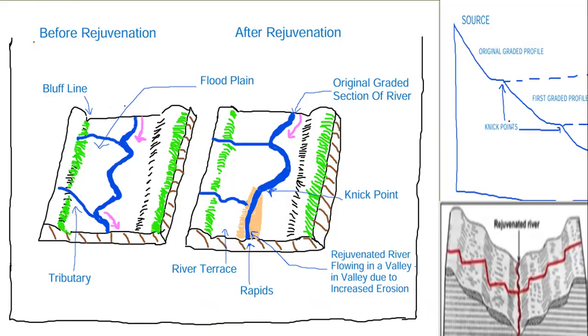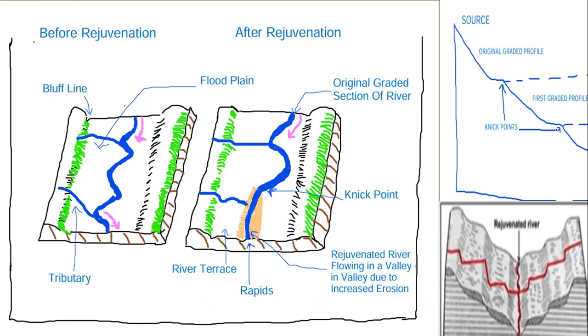This is usually marked by the presence of a waterfall. At this point, vertical erosion is dominant. Why? Because the river has rejuvenated. These are known as nick points when there is a sharp break along the slope of the curve.